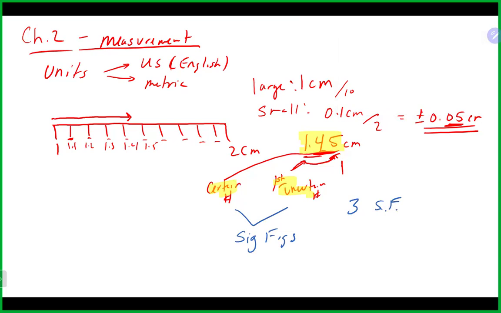So it's really important to figure out how far you can take the reading, and recording that first uncertain digit gives you the proper number of significant figures. That last number does not always have to be a 5. If it's closer to the next marking, it could be a 9, an 8, it could be something. But the importance is you would have to, in this case, take it out to 2 decimal places.